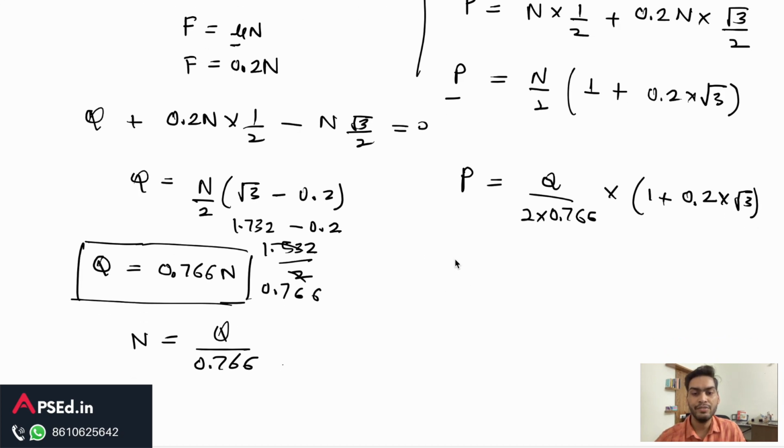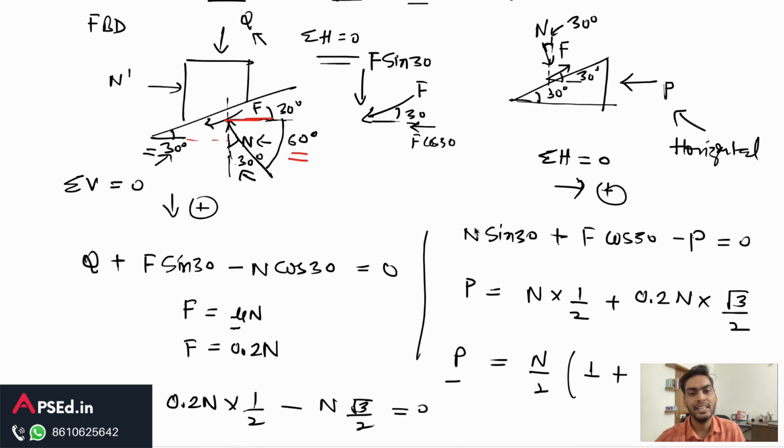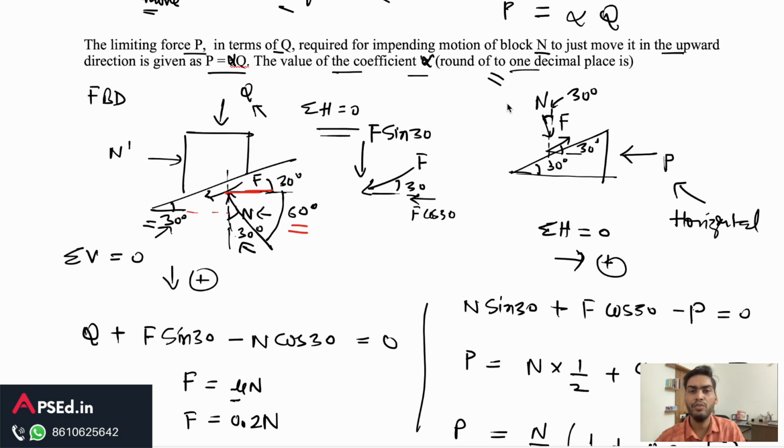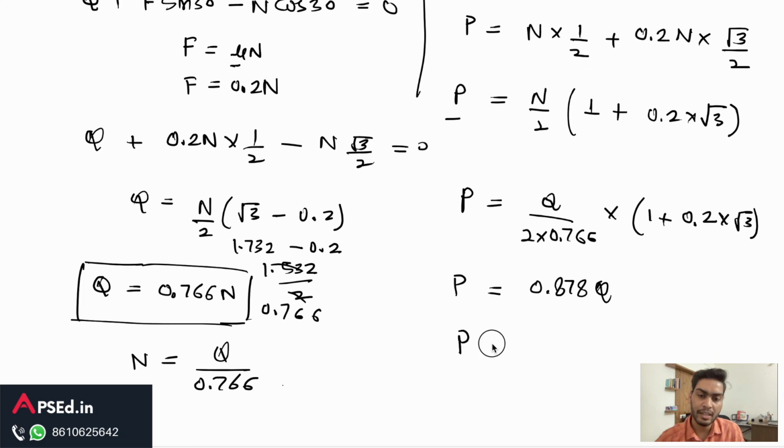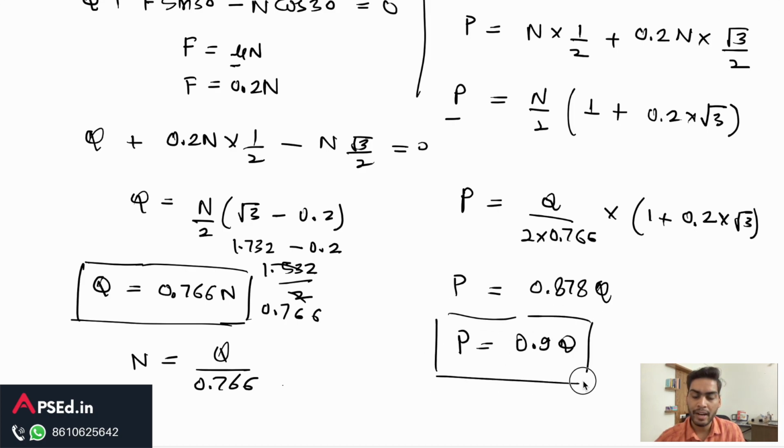So after this we can just use the calculator to solve this, and we get P as 0.878 Q, and in the question it was asked to round it off to one decimal place, so we can say P is equal to 0.9 Q. That is the required answer. I mean, the value of alpha from here is 0.9.